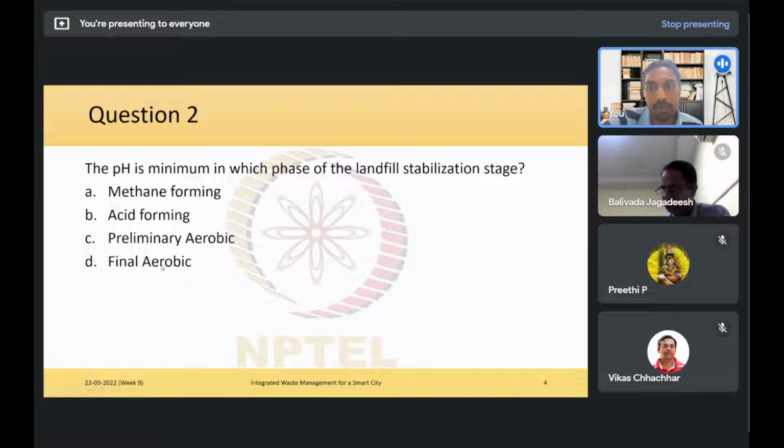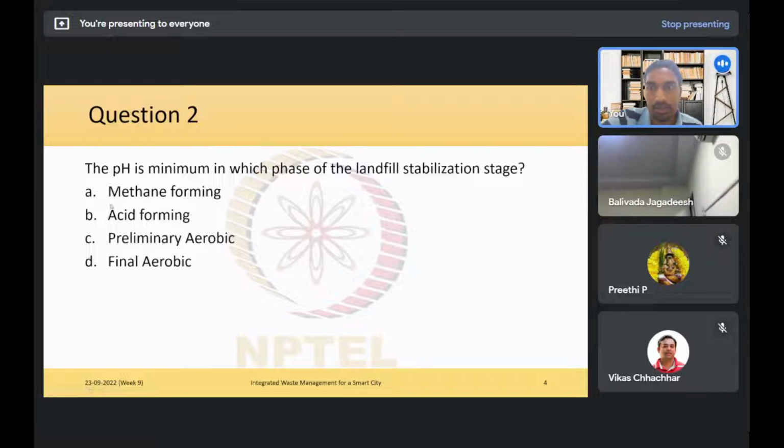This is because once the acid and methane forming phases are done, the volume of the landfill will reduce, because the organic content is being degraded, right? And then some air can intrude into that volume, and then we can again have a final aerobic phase as well, right?